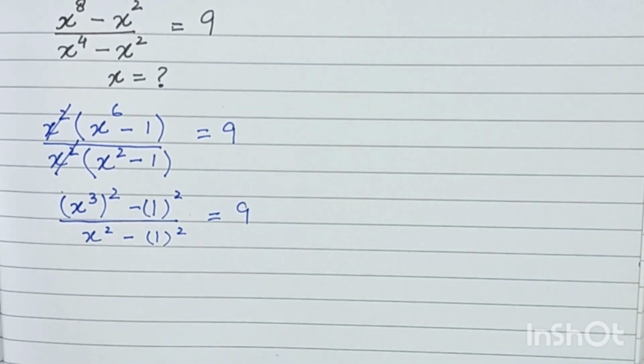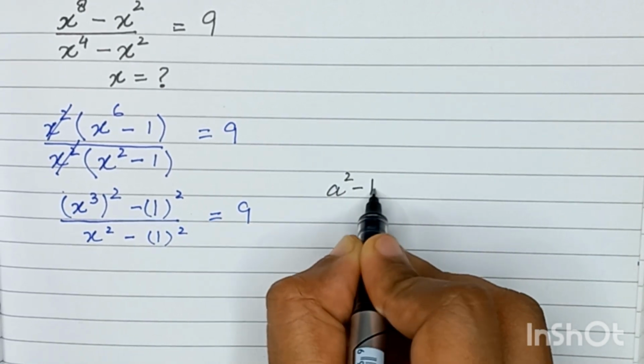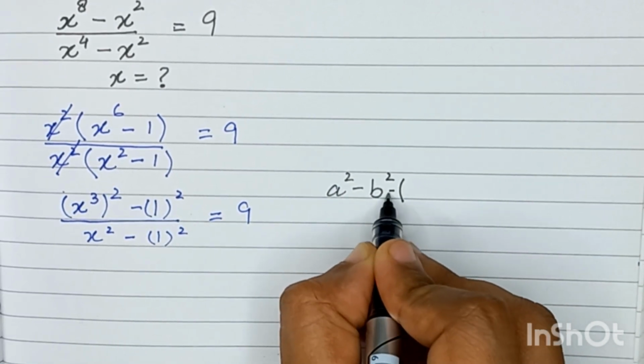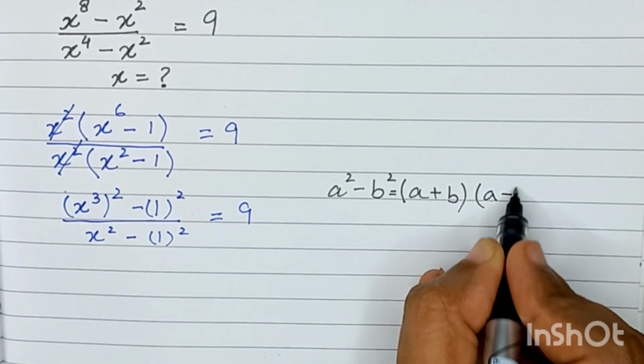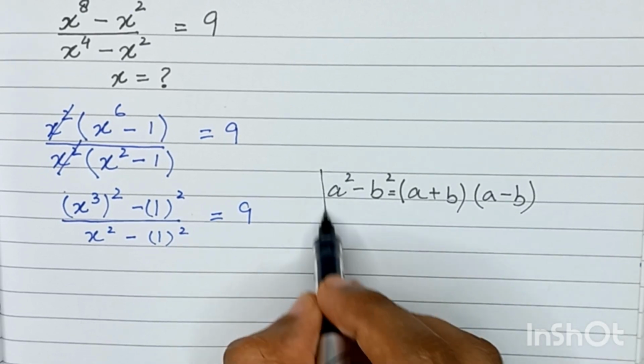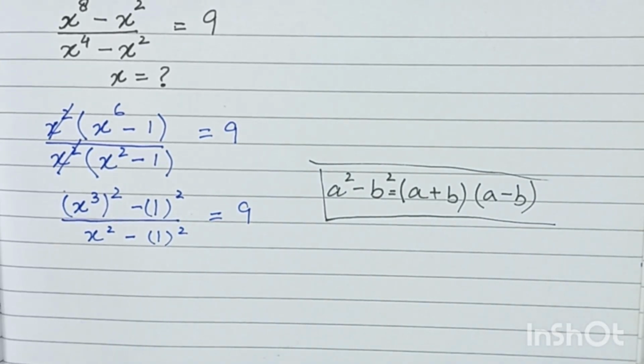Now it is the form of a^2 minus b^2, which is equal to (a plus b)(a minus b). So we will apply this formula in the numerator and also in the denominator.